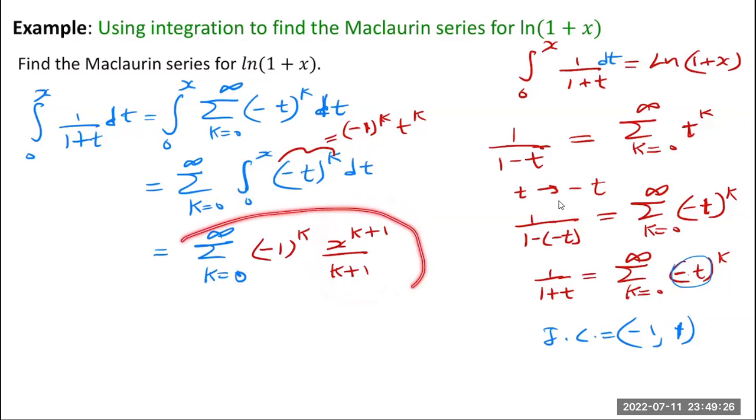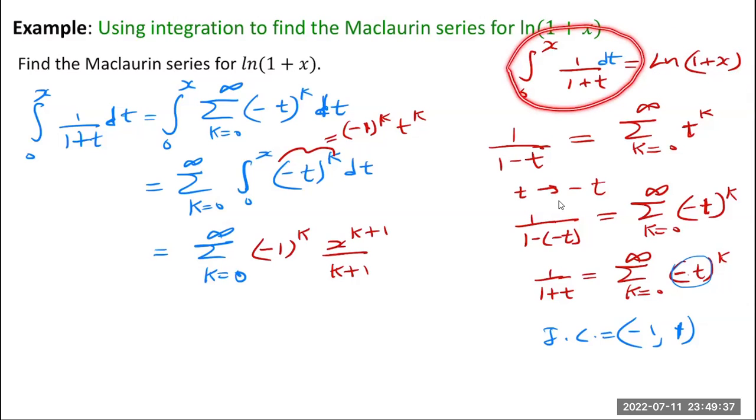So this is the Maclaurin series of the given function, ln of 1 plus x, because this is nothing but the integration from 0 to x of 1 over 1 plus t dt.